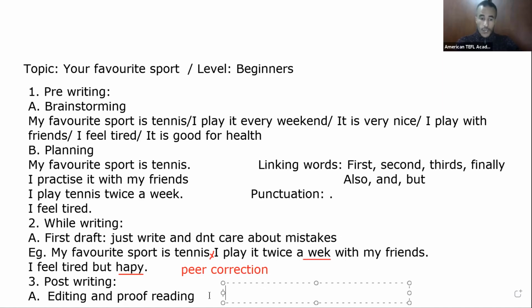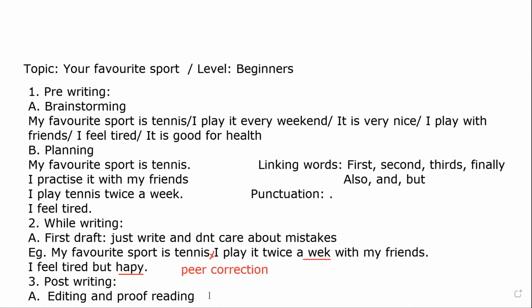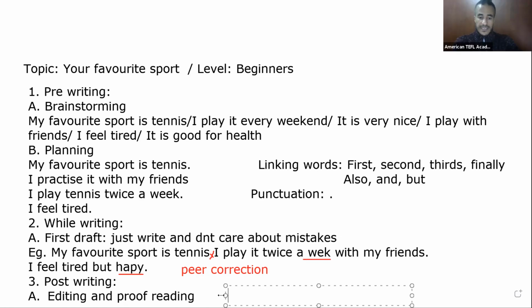Now, once they finish with editing and proofreading, B is the final draft. The final draft means you present or you submit your writing. Clear so far? Yes, please.